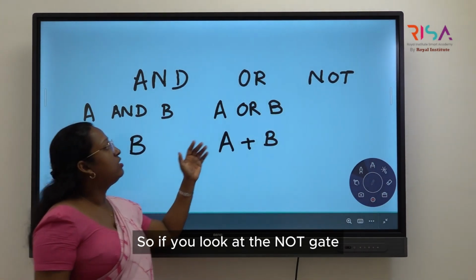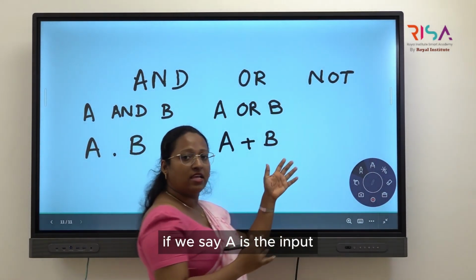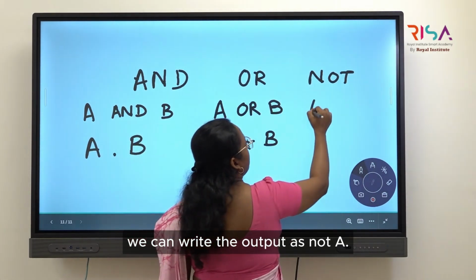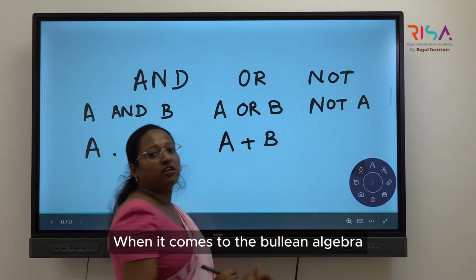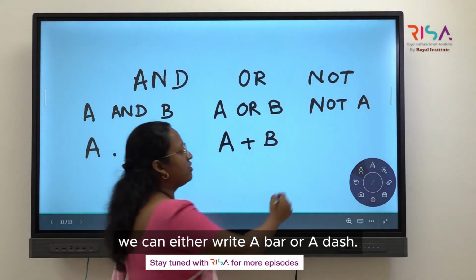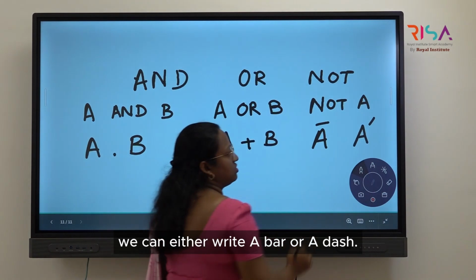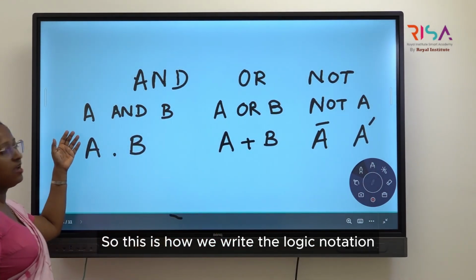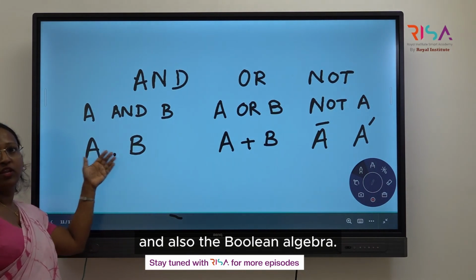So if you look at the NOT gate, if we say A is the input, we can write the output as NOT A. Right? When it comes to the Boolean algebra, we can write either A bar or A dash. Right? So this is how we write the logic notation and also the Boolean algebra.